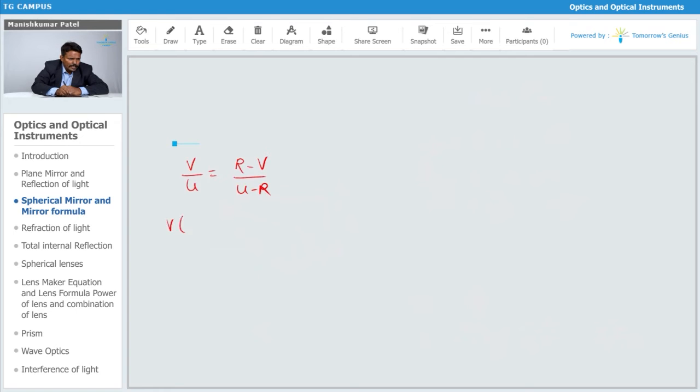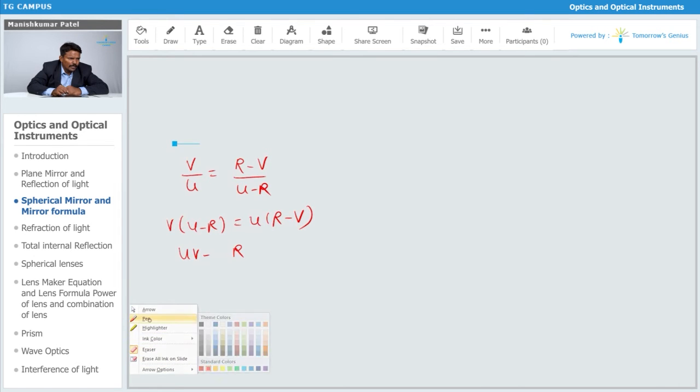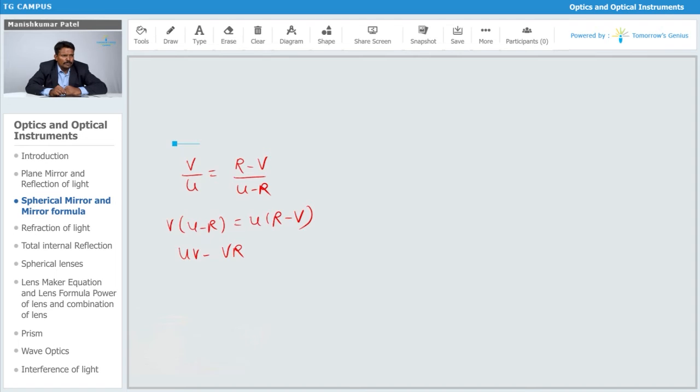Just take the cross multiplication. So U into R minus V gives UR minus UV, and this is V into R. So this is UV minus VR, then again UR minus UV.